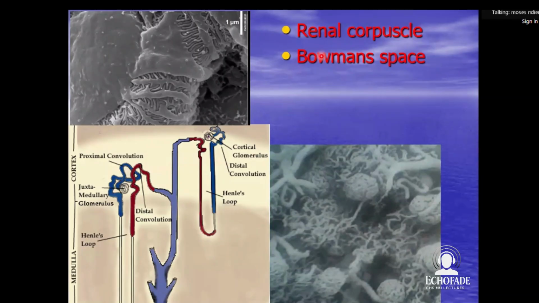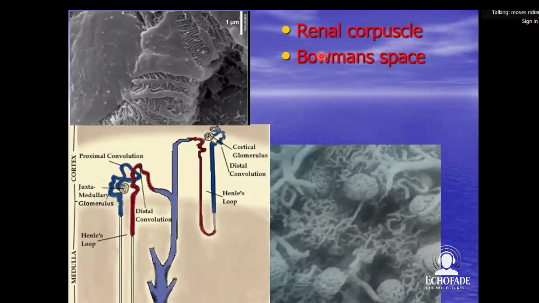This outer part is lined by simple squamous epithelia, which we refer to as epicytes, and those do not participate in urine formation.